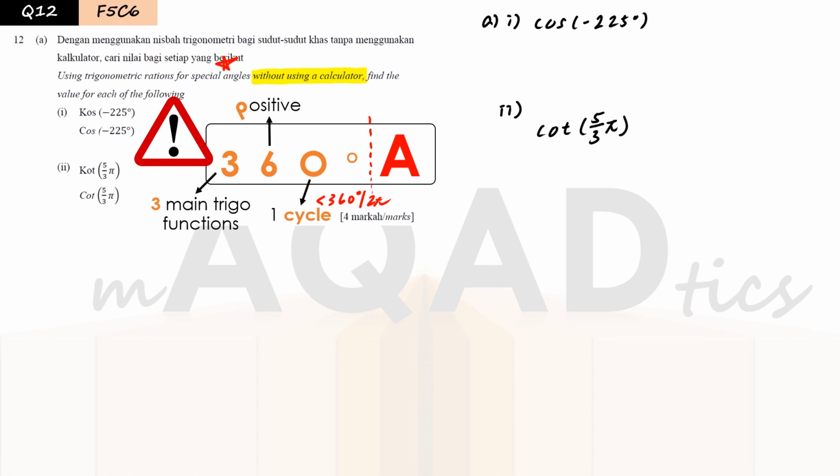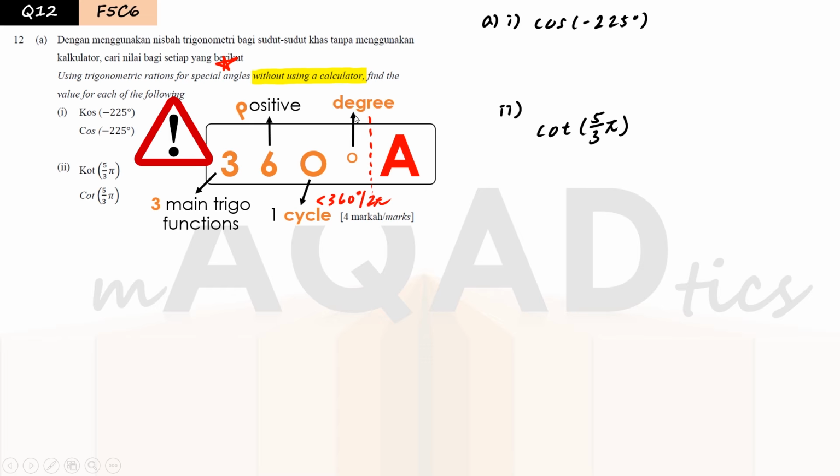If you see here, both of them are actually less than 360 degrees, and this one is less than 2 pi. So for this one, it's fine. For the third criterion, we need to ensure that the values here are less than 360 degrees or 2 pi.